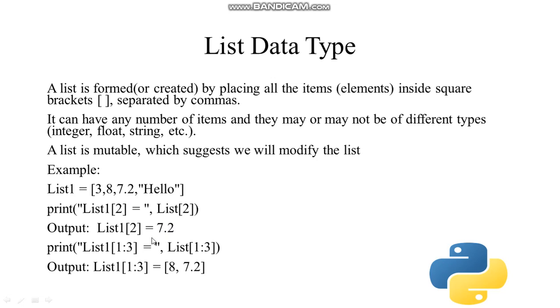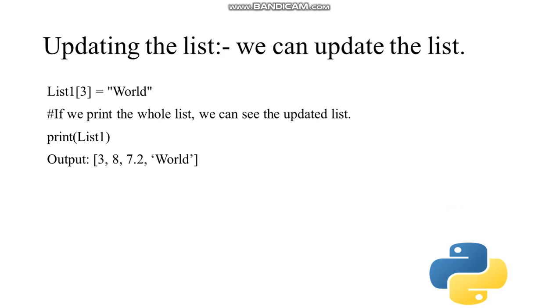If I want to print the list in range, for example, of first element to third element, I will give 1:3. So it will give me two elements. It will start from 1 and it will go one element before 3. We can also update the list.